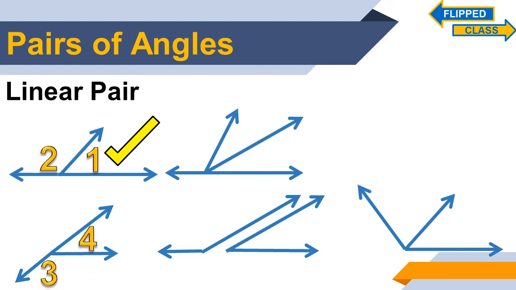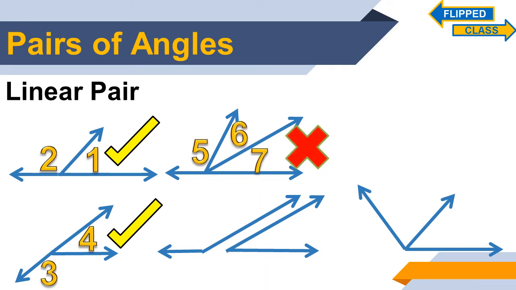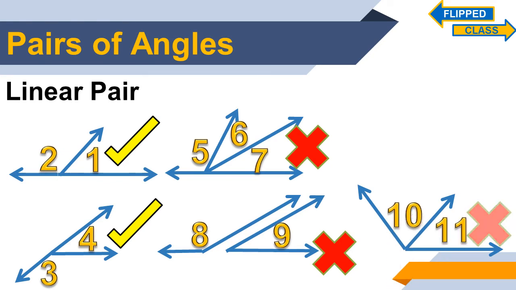Angles 3 and 4, they are also forming a linear pair. However, angles 5, 6, and 7 do not form a linear pair. Similarly, angles 8 and 9 do not form a linear pair. And lastly, angles 10 and 11 also do not form a linear pair.